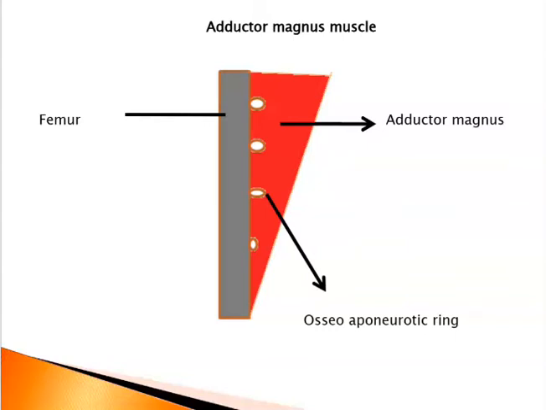You can see there are four openings. These osteoaponeurotic openings are meant for the passage of perforating arteries from the medial side of the thigh, winding around the femur to enter the lateral side of the posterior compartment.